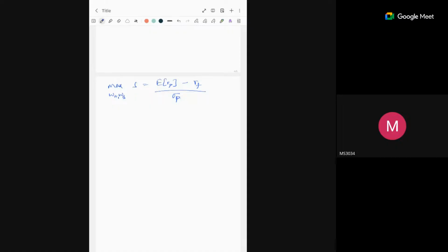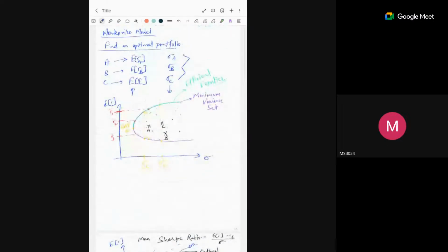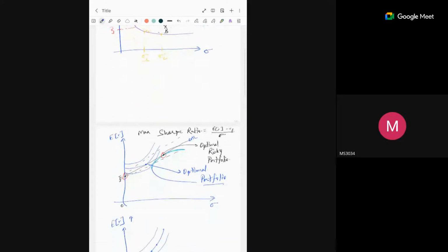You should be aware of the different steps of your Markowitz model. First, you find the minimum variance set. From the minimum variance set, you deduce the efficient frontier. Then on the efficient frontier, you find the optimal risky portfolio by finding the point where the capital allocation line (CAL) is tangent.